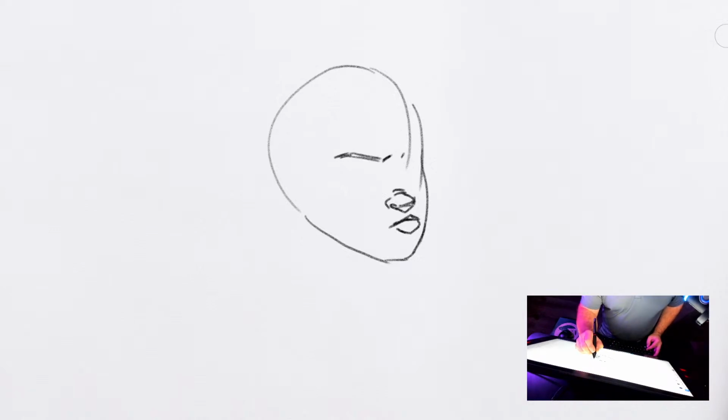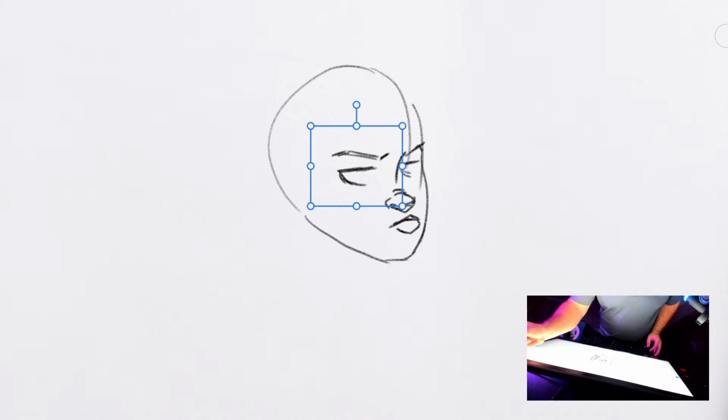Something that I tend to really struggle with when doing character art is the relationship of the eyebrows to the face. Usually my first iterations are always a little off. And the nice thing about digital tools, of course, is you can come in here and move things around. So I had the face a little too squinched in there.